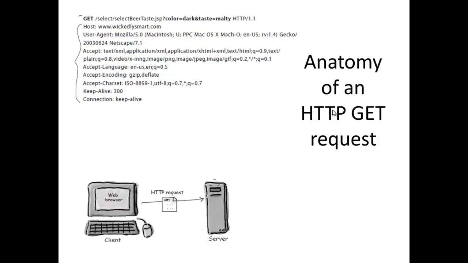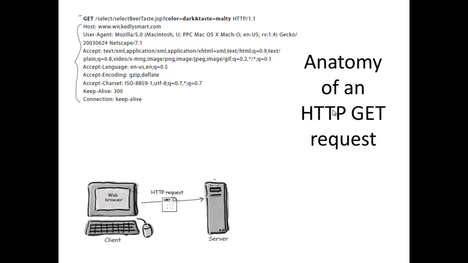In fact, this application is an advisory system on selecting beer. So you go to select beer taste JSP, and then I'm searching for a beer with dark color and multi taste. I don't know what this is. And this is the version of this.